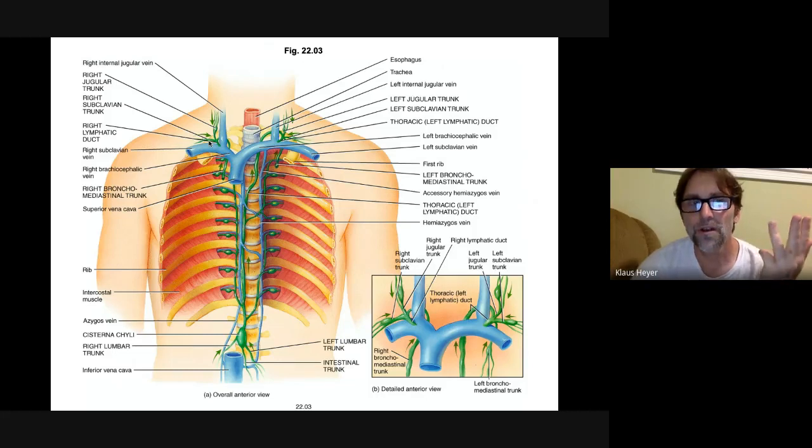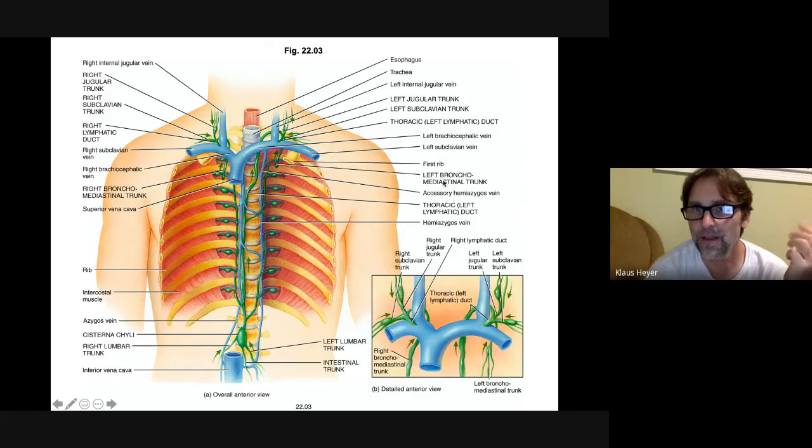The third one is called bronchomediastinal. The word is written right here. And it's this arrow right here. I don't know where they're pointing, but it's from this area. Here's the one here. That's part of the duct. The other one's like right here.